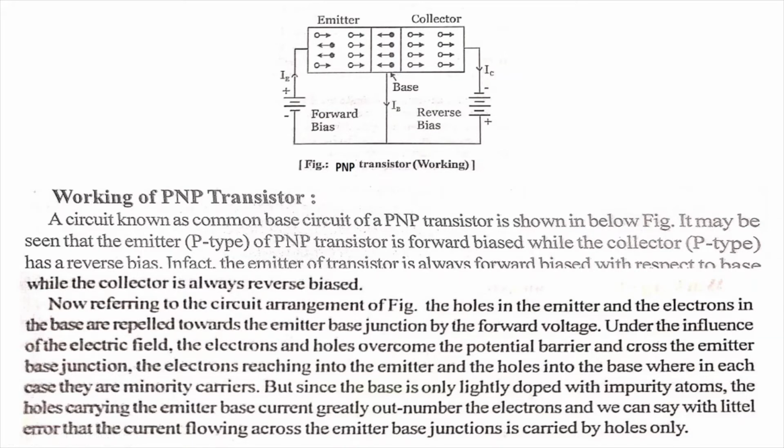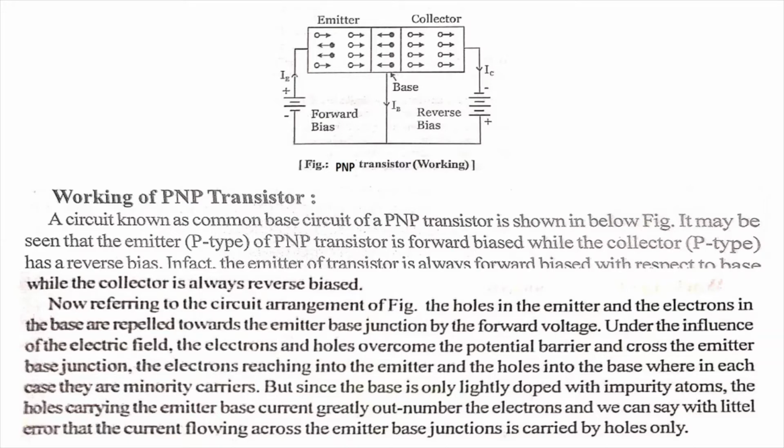Now see what happens when the emitter terminal has holes that come towards the base region.